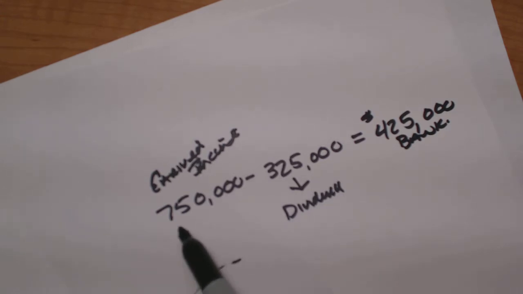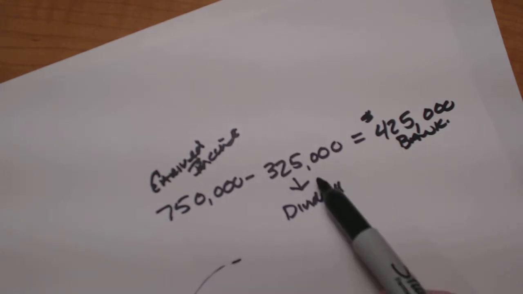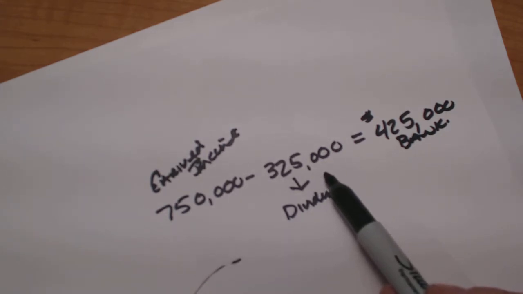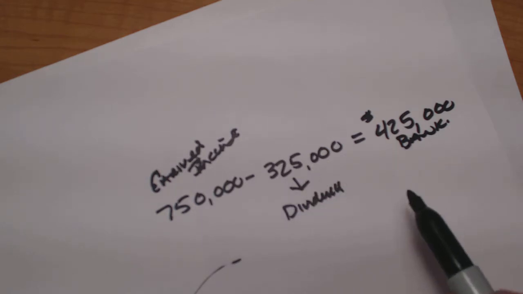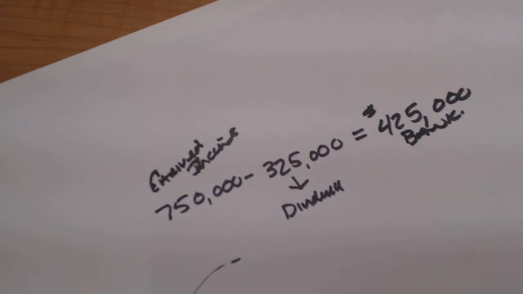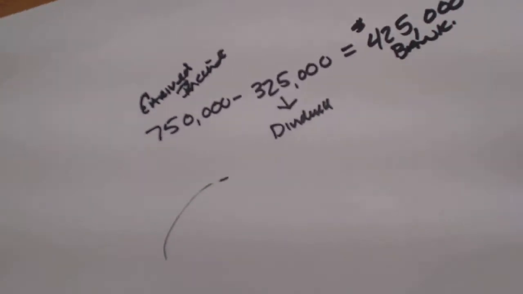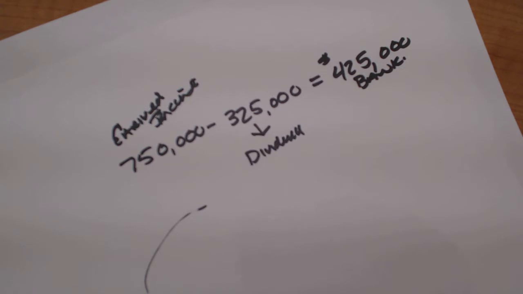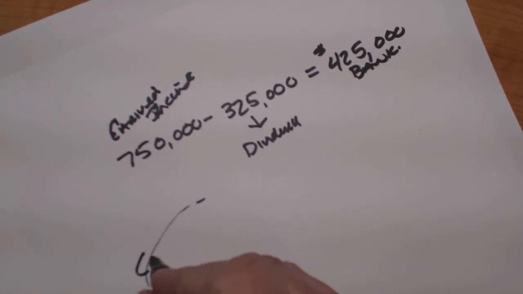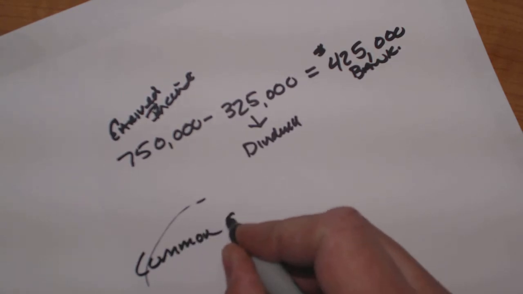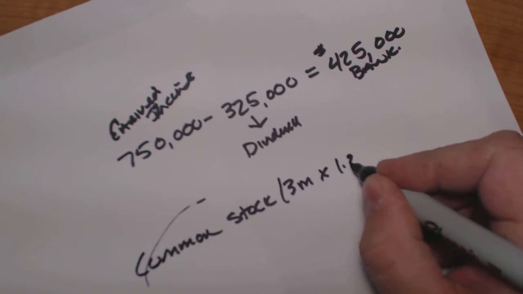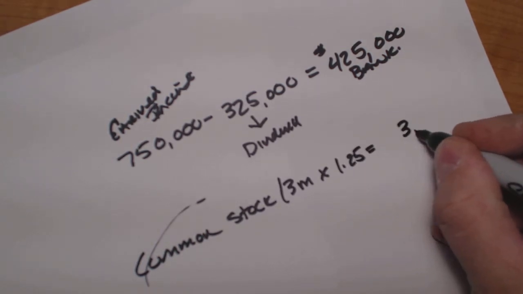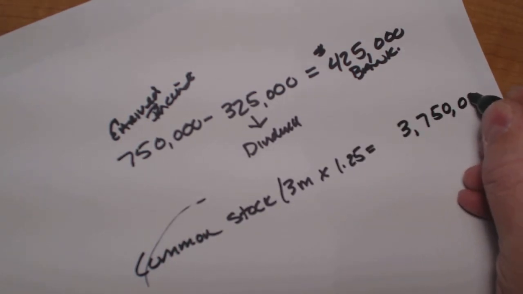Does this make sense? You get $750,000, that's what we earned. We want to pay out $325,000 in dividends to our stockholders, and it gives us $425,000. Well, what we want to do is create this chart, the equity section of Preston Road's balance sheet, which would be common stock. Common stock, 3 million times 1.25, which we did a few minutes ago, would be 3,750,000.